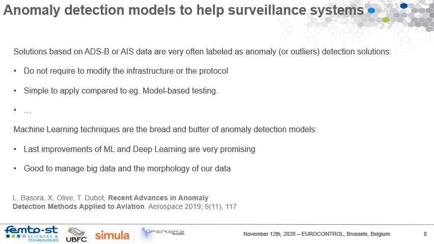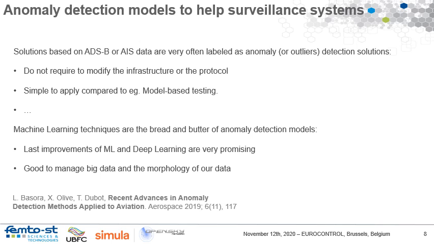The good thing about these solutions is that they do not require modifying the infrastructure or the protocol itself, like, for example, encrypting the data, which would take an extra step and eventually make the messages longer, which is not really possible. And it's simple to apply compared to, let's say, model-based testing, which is way too complex to be applied on VTS or ATC.